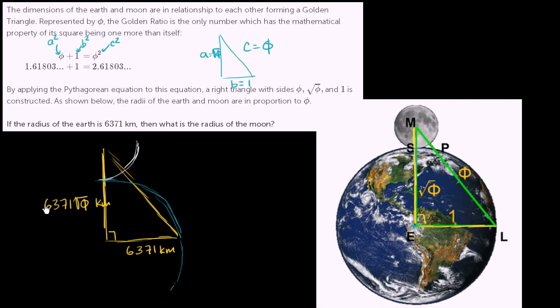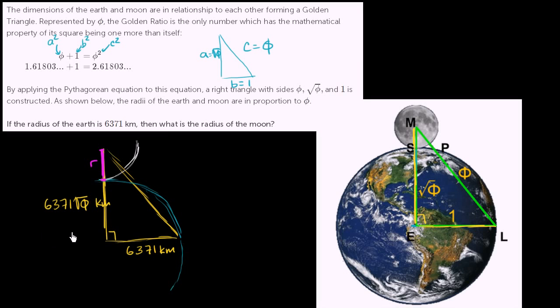So that's this entire distance right over here. Now, what they want us to figure out is the radius of the Moon. So they want us to figure out this distance right over here. So let's call that r for the radius of the Moon.